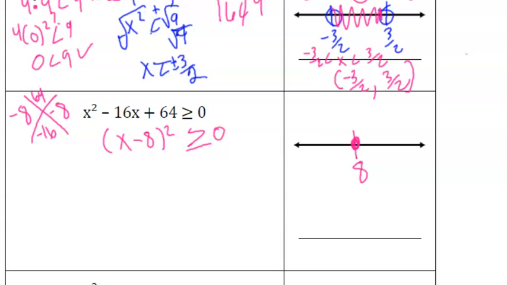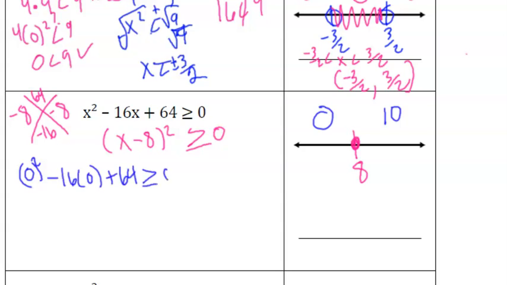So let's come up with some test points. Let's do 0 and 10. So let's try 0 first. 64 is greater than or equal to 0, so we'll shade this side in. Now let's try 10.